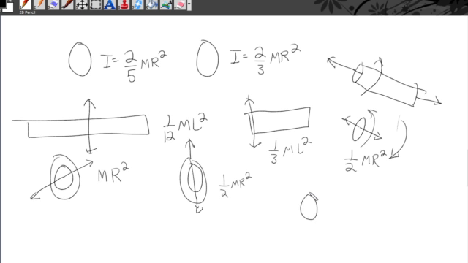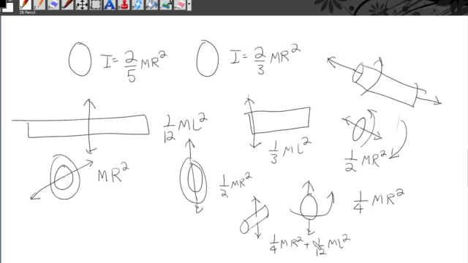Now, if you have a disk and it's rotating about the diameter, like this, then it's 1/4 mr squared. And if you have a cylinder and it's going through the diameter, it would be 1/4 mr squared plus 1/12 ml squared.